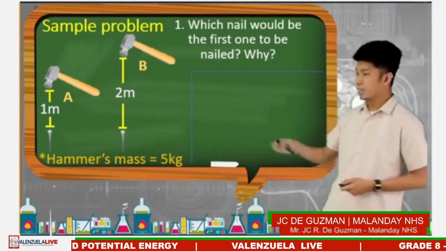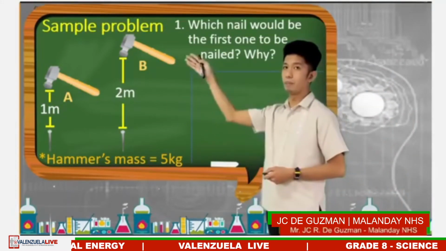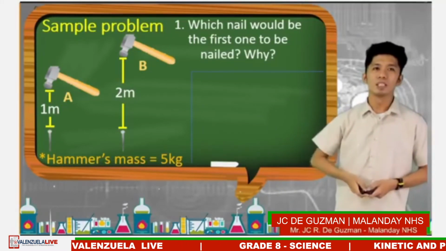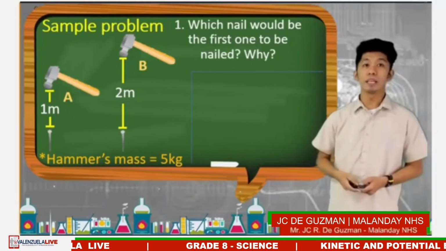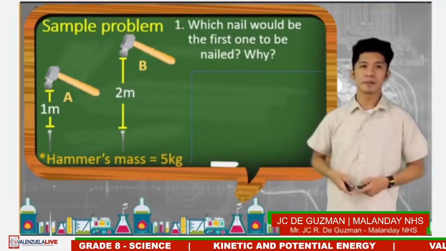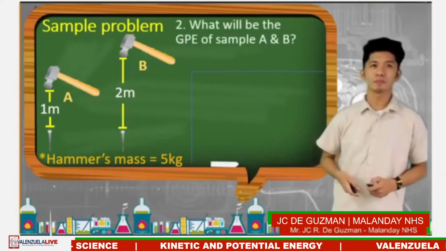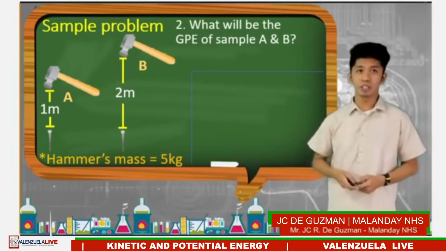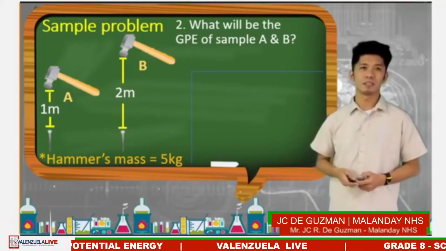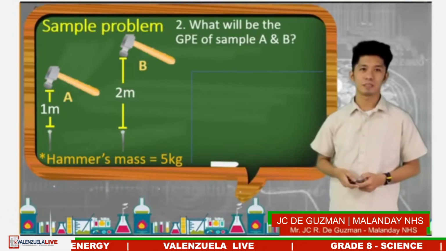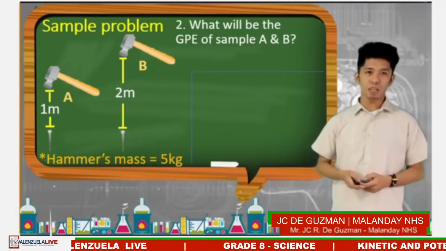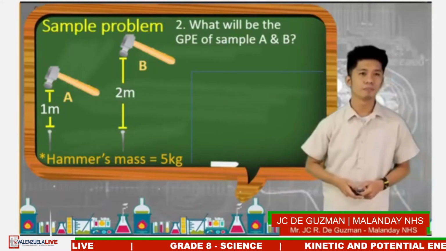Is it letter A or letter B? Okay, so the answer is letter B. Why? We will find out the answer later. For the second question, what will be the gravitational potential energy of sample A and B? Okay, so let us now proceed to the computation table and solve.